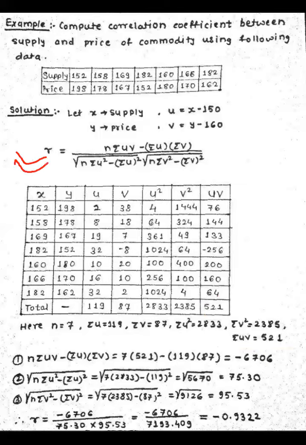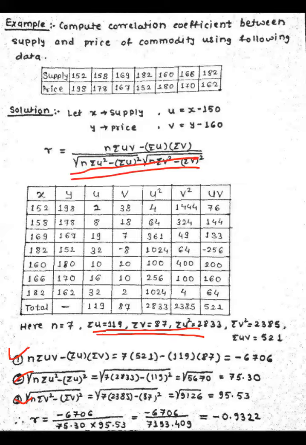Now, students, this formula involves two big terms. So to reduce the calculation part, get a simple form of this formula. The numerator term is solved separately, and the denominator involves the product of two square roots. So the second term is the first square root and the third term is the second square root term. So we do not directly put all the values in this formula.